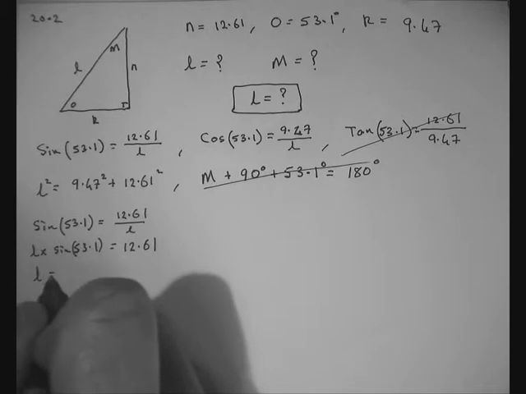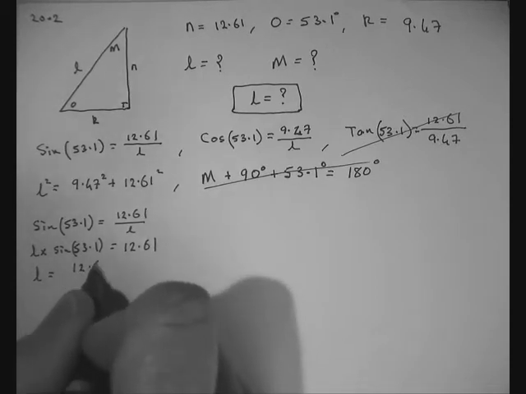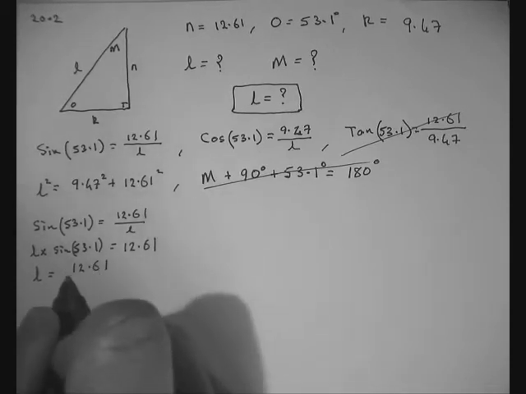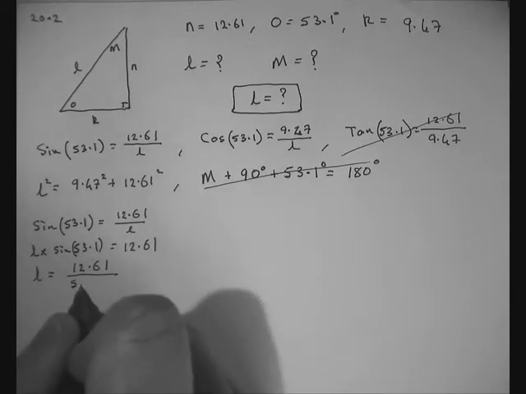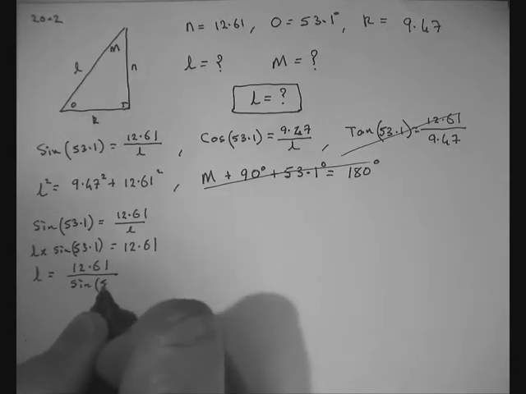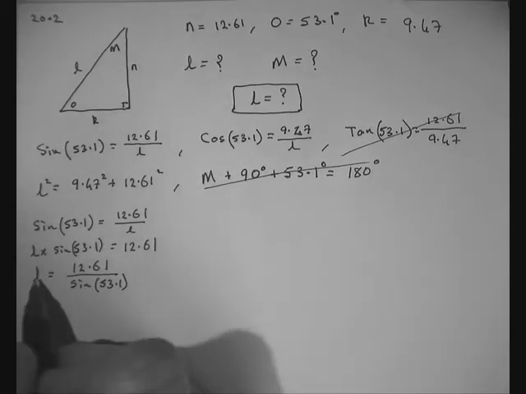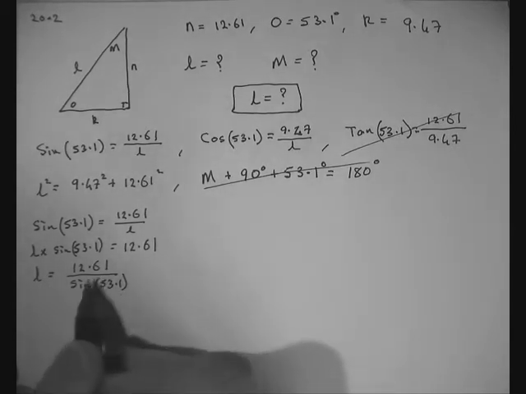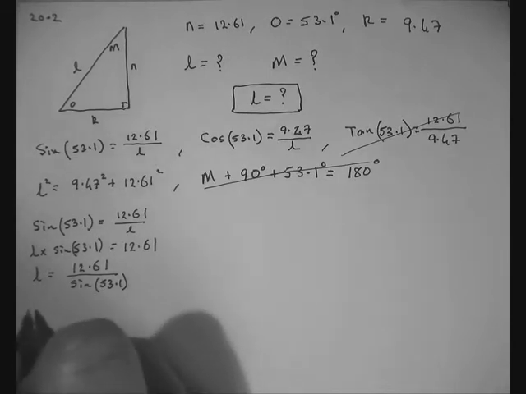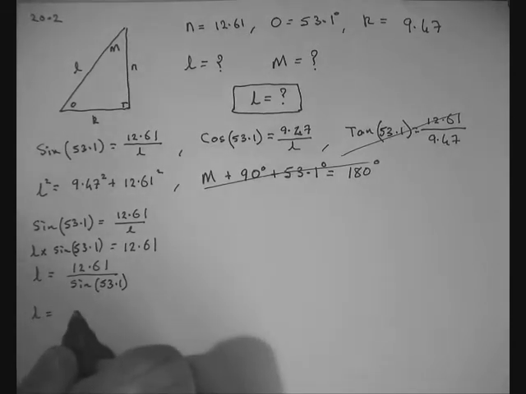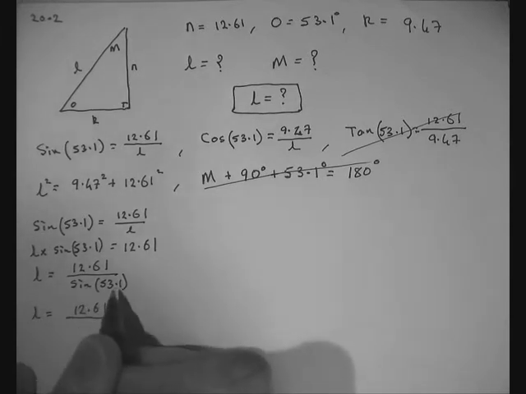So L equals 12.61 divided by the sine of 53.1. With L isolated on its own, all we have to do now is a little bit of calculator work. So L equals 12.61 divided by the sine of 53.1.